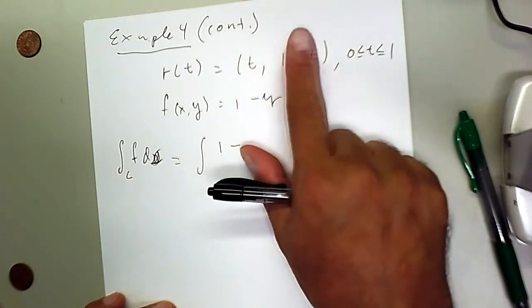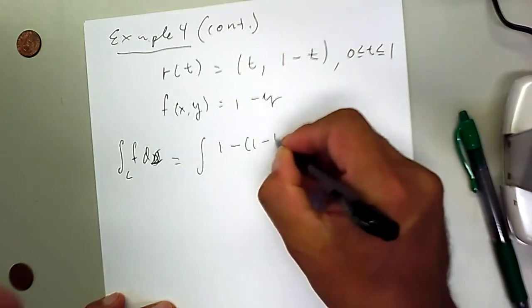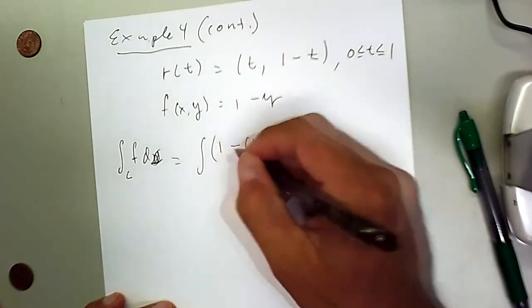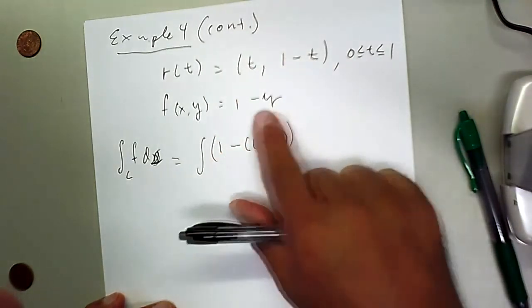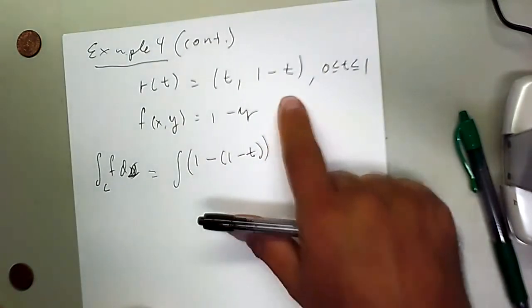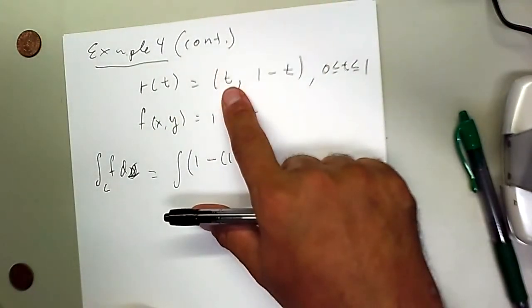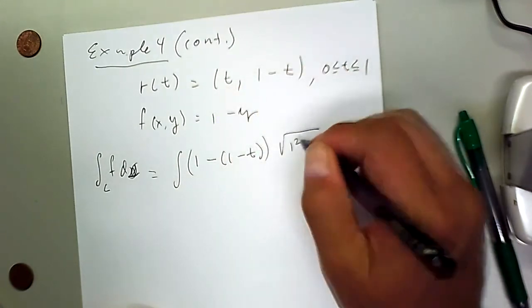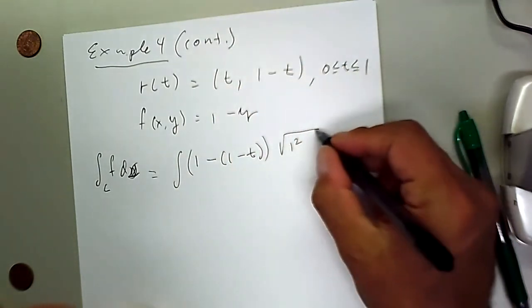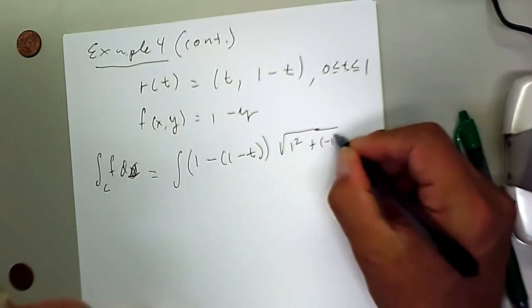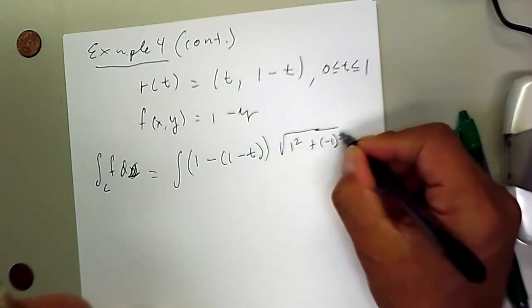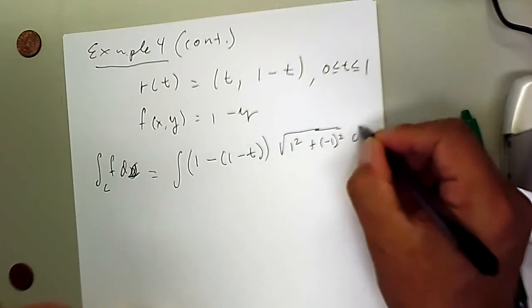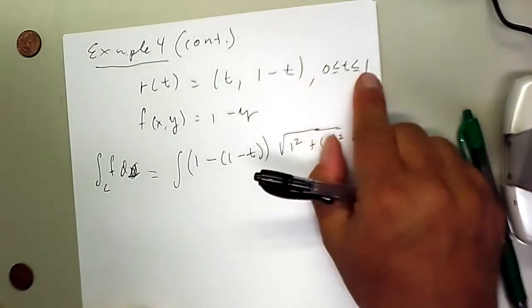So we do y, quantity 1 minus t. Okay, so that is 1 minus y. The derivative of this with respect to t is 1, square root of 1 squared plus the derivative of that with respect to t, negative 1 squared, dt from 0 to 1.